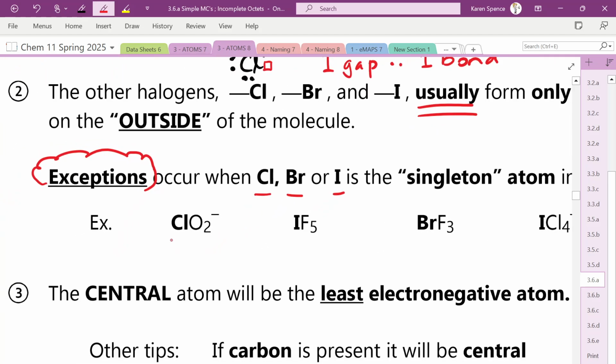Do you see how we have ClO2? And the Cl is written first. Singleton, written first.